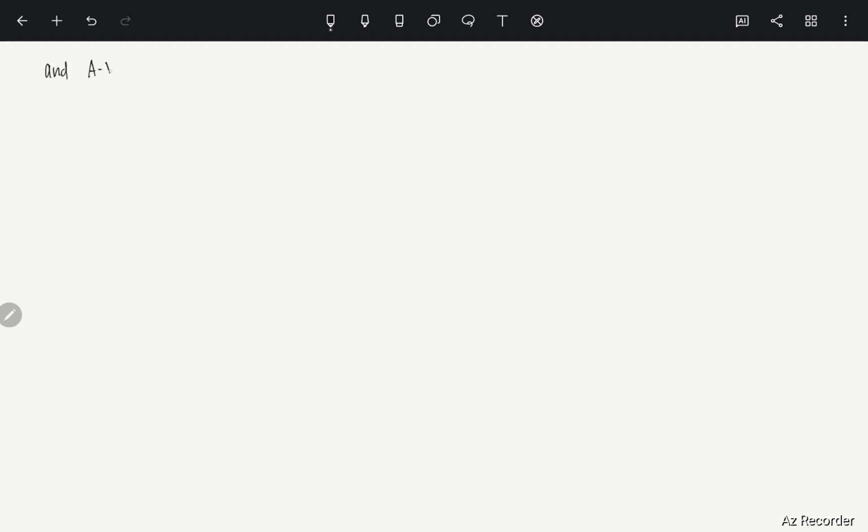Okay, and A minus lambda I is invertible on R, right? On that range, it is invertible. Okay, it has to be, right?